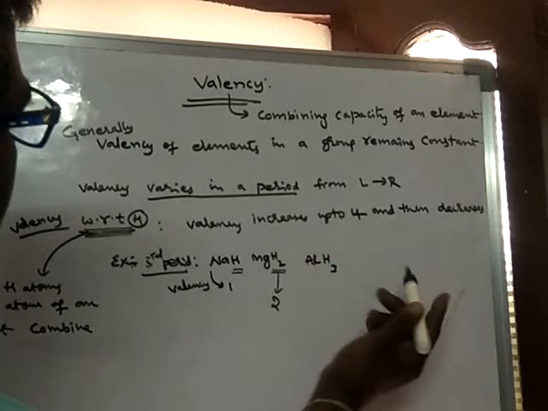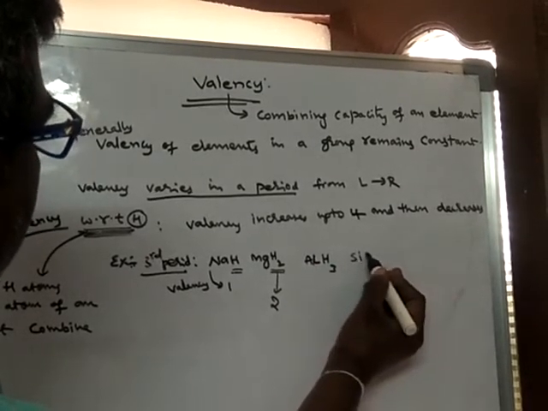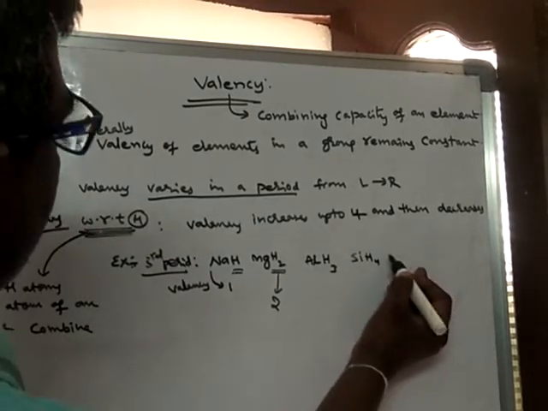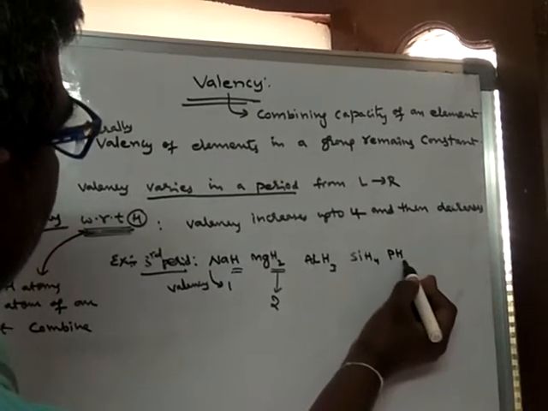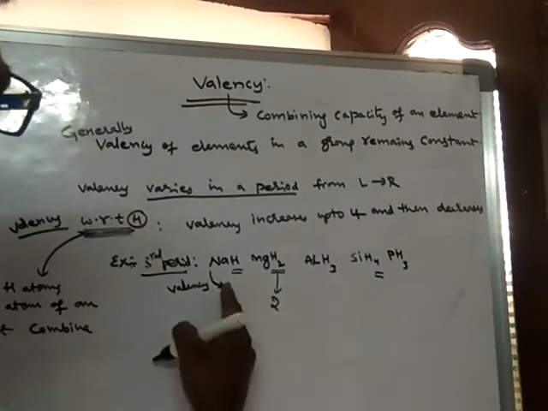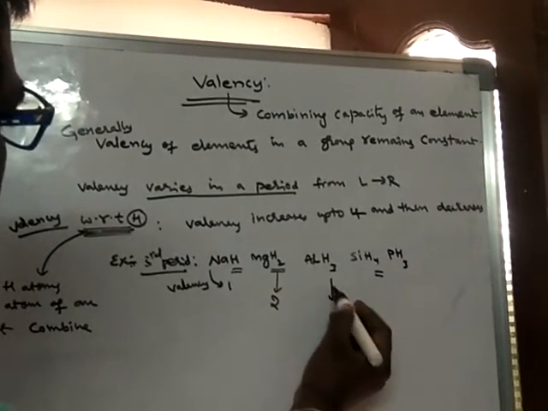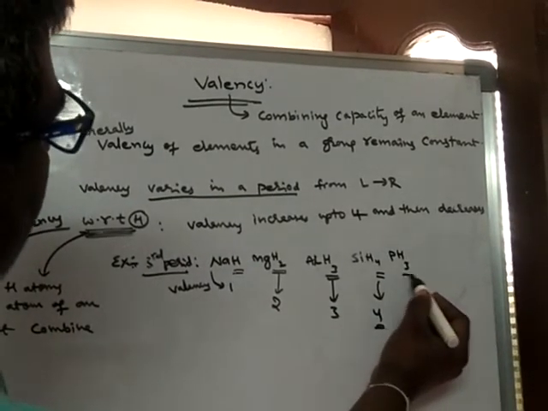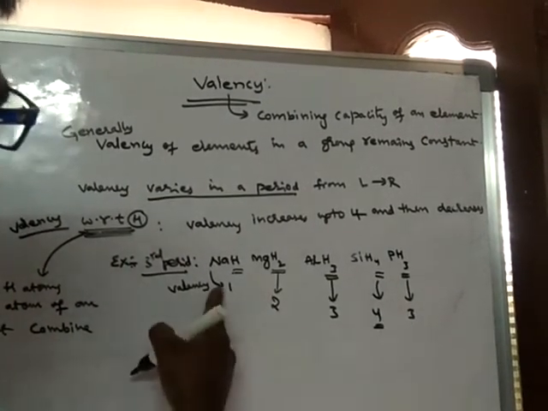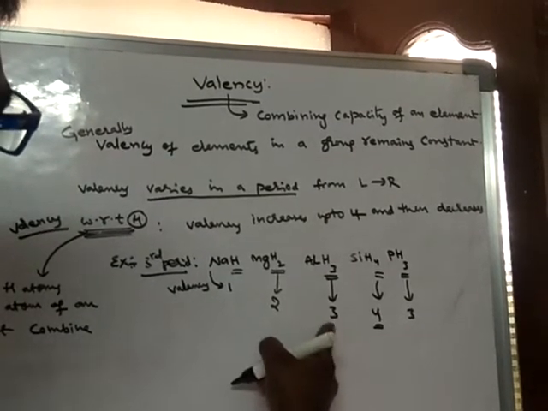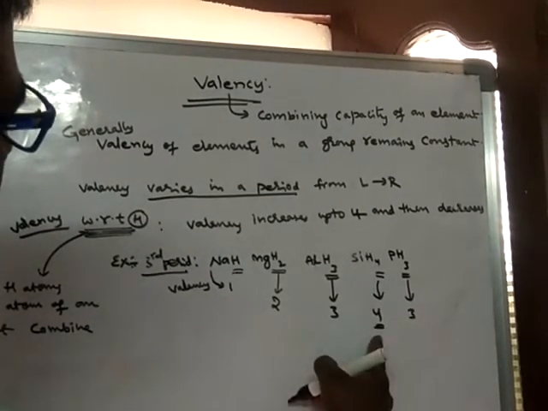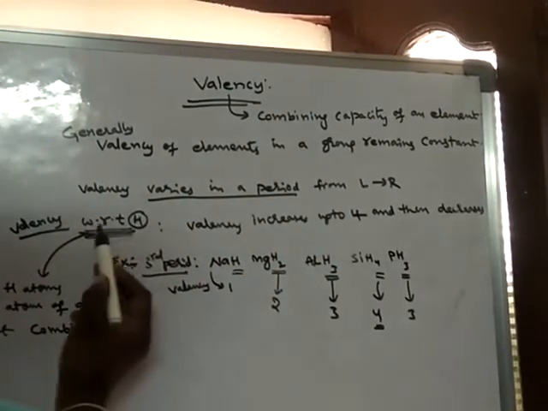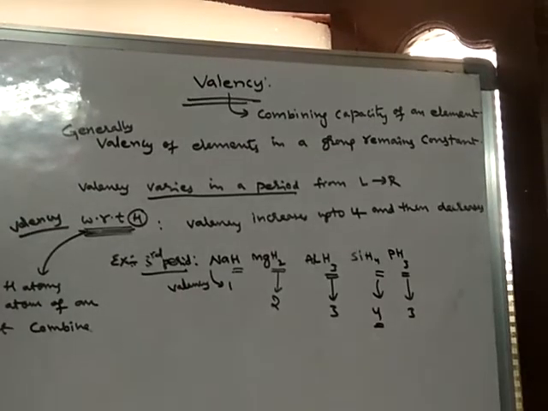Aluminum's valency is 3, silicon has valency of 4, and phosphorus has valency of 3. Up to 4 the valency increases, and from there onwards it decreases.